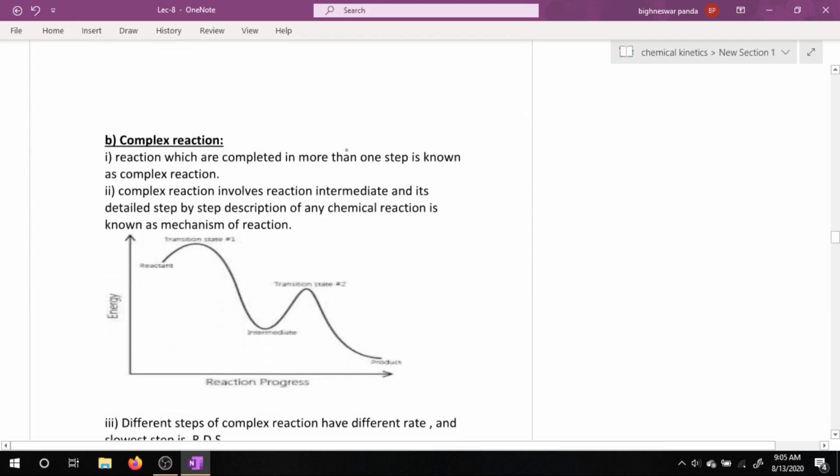So what are complex reactions? Reactions which are completed in more than one step are known as complex reactions.